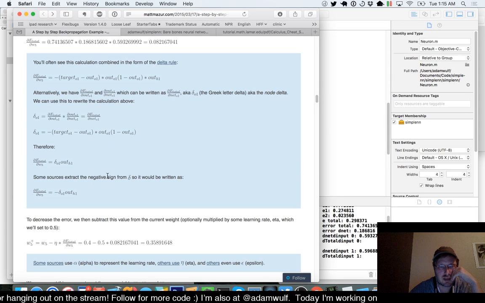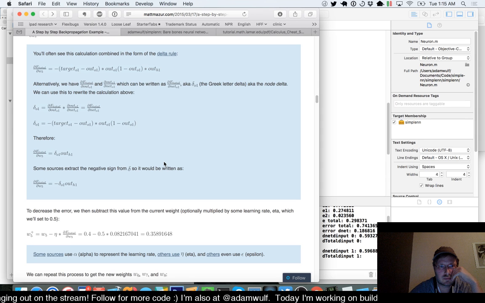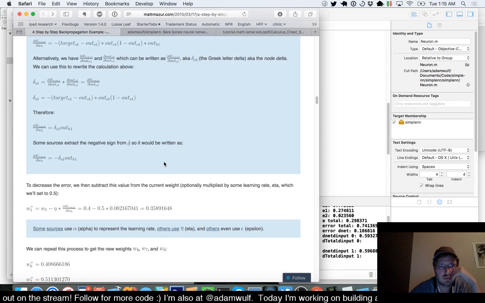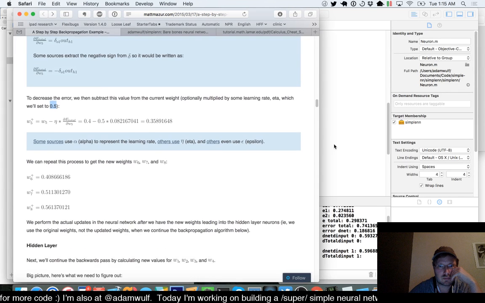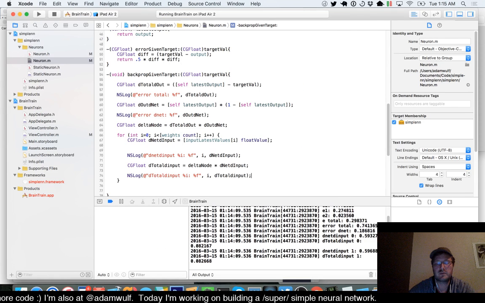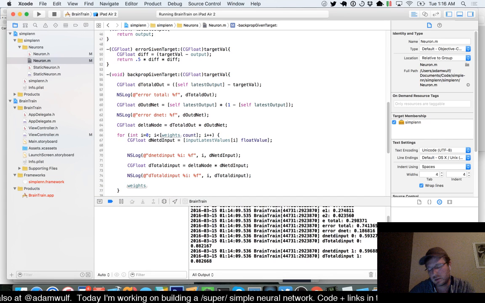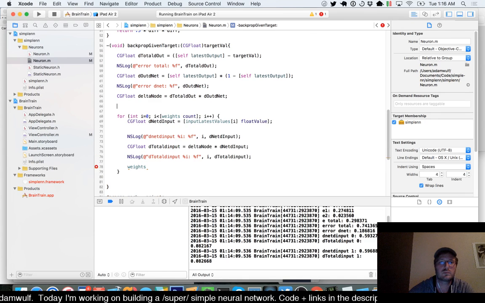Some sources extract the negative sign. That's fine. So to decrease error, we then subtract this value from the current weight, optionally multiplied by some learning rate. We'll set to 0.5. So that means we need to swap out the weights. Oops, sorry, in this array.